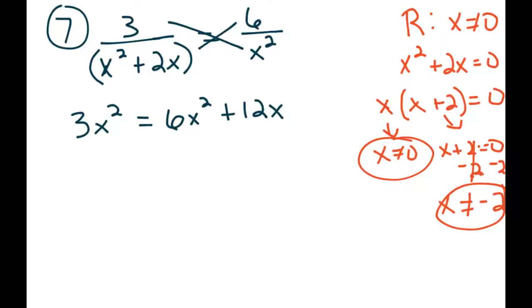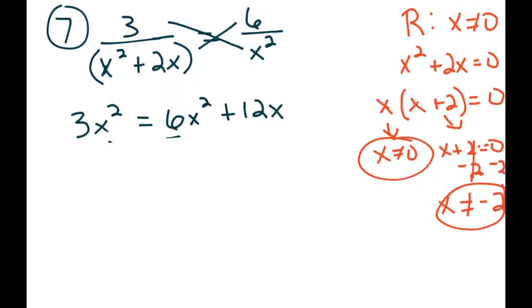Okay, now remember, I told you that if you have x squared terms and x terms, think about, can I cancel them by moving them from one side to another? Well, if I move this 6x over here, that's not going to make 0. So we're not going to do that. So I am going to move this 3x squared over here, and we're going to set our quadratic equal to 0.